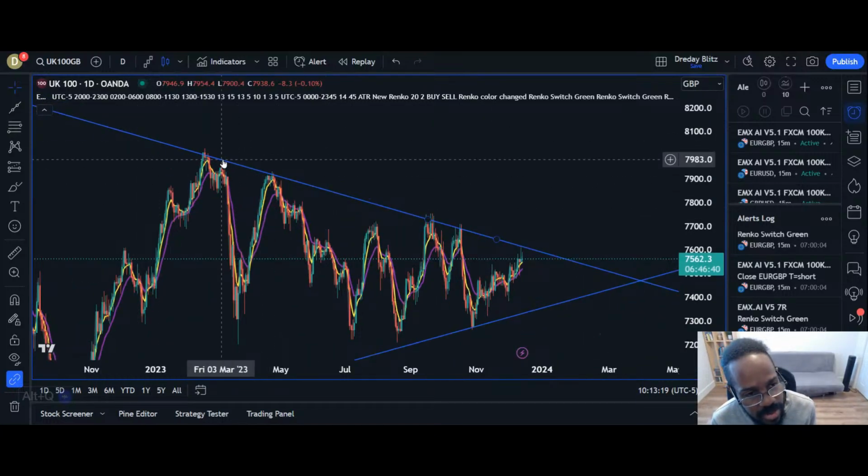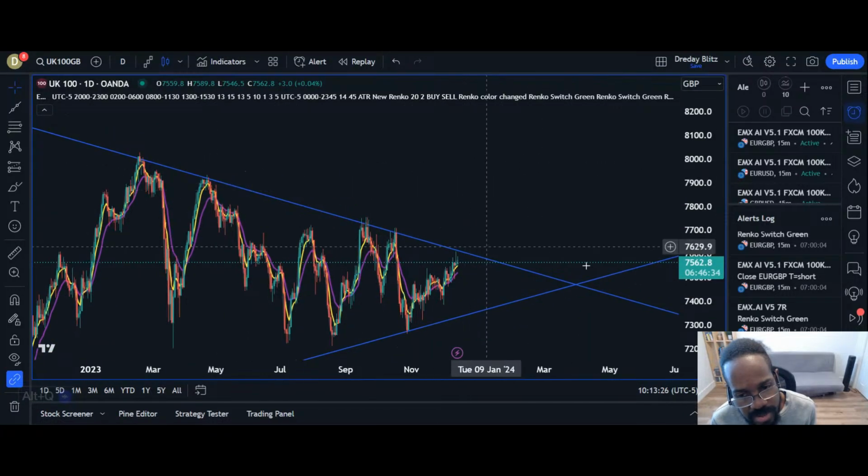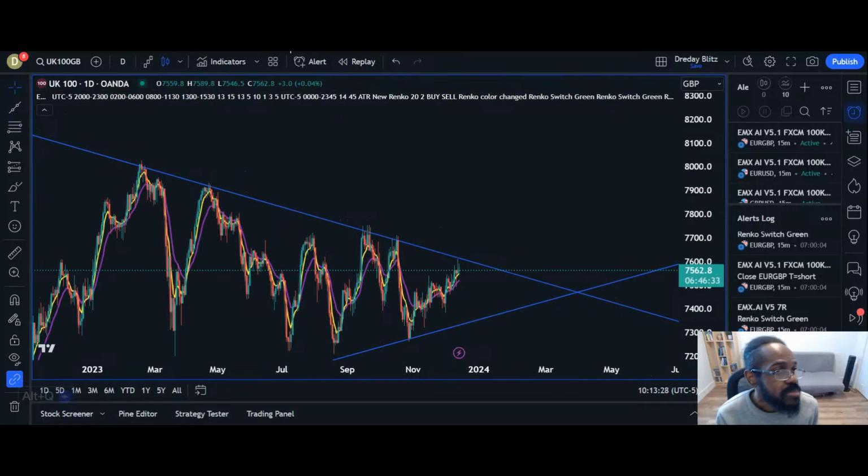Since February 2023, it gave you a high, then it started to bounce. Now it may start to rebounce going down.